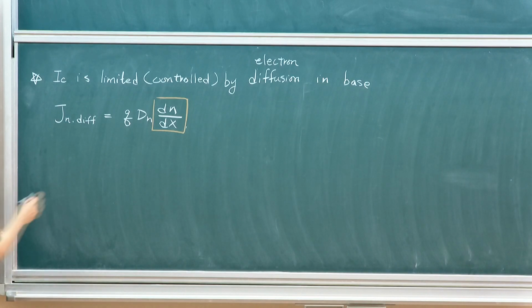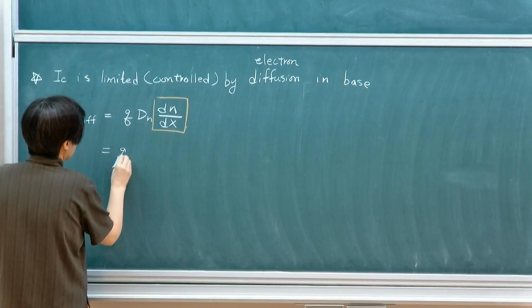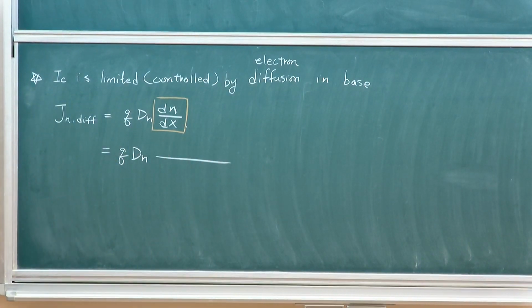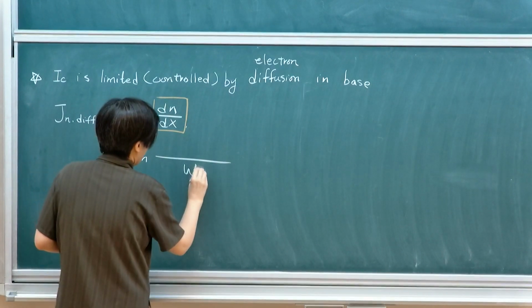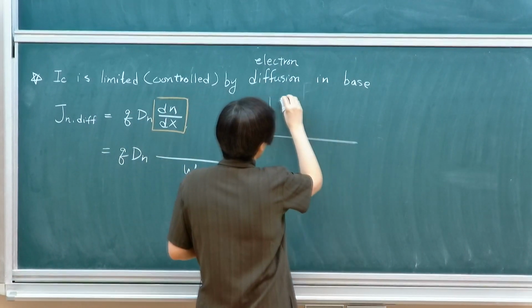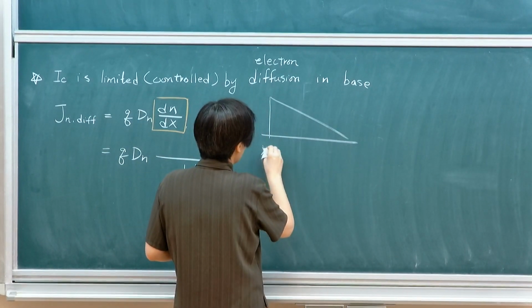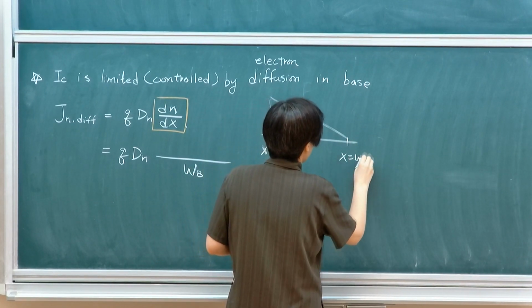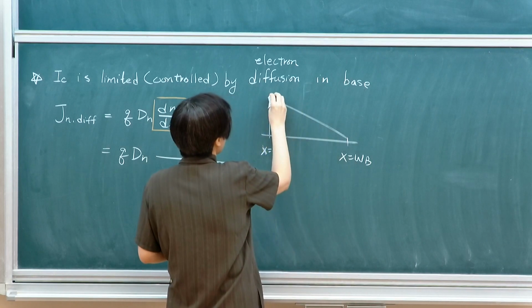So let's try to write down the equation. So this is dn. And we know that the distance between the 2 points is WB. Let me draw the figure again. So if this is x equals 0, this is x equals WB approximately.